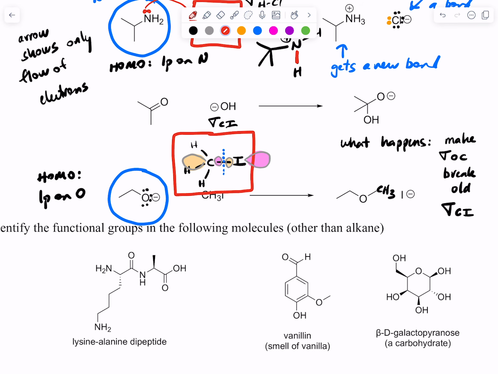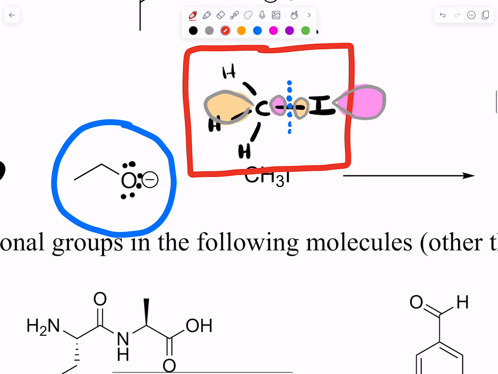Where should my arrow start? Lone pair on what? Oxygen. Where am I going to point it to? Carbon. All right, if I stop there, I've got 5 bonds to carbon, and so that breaks the octet rule, so that's a problem.